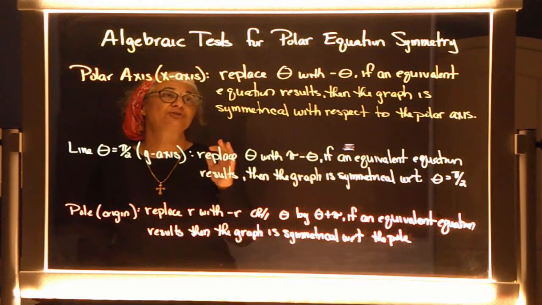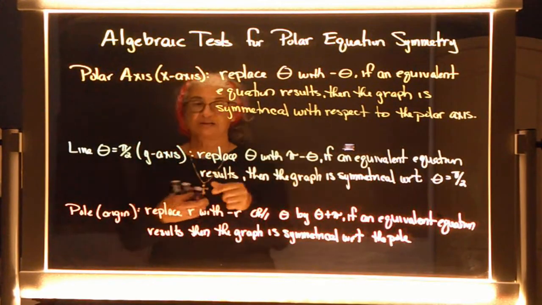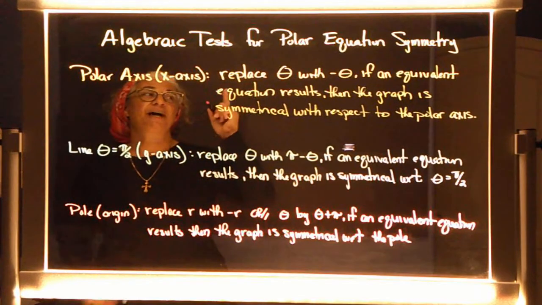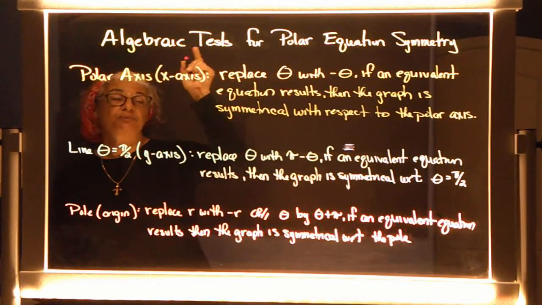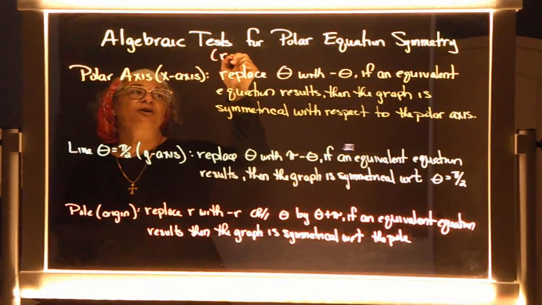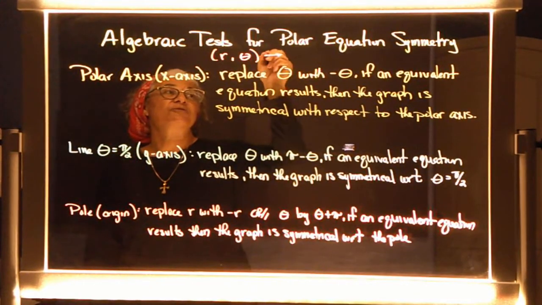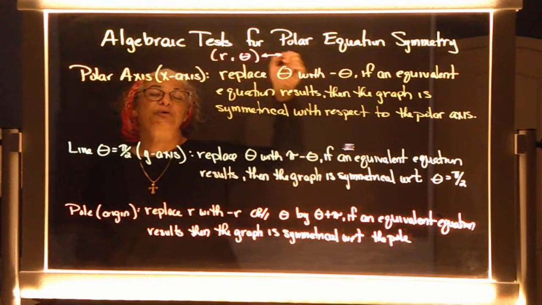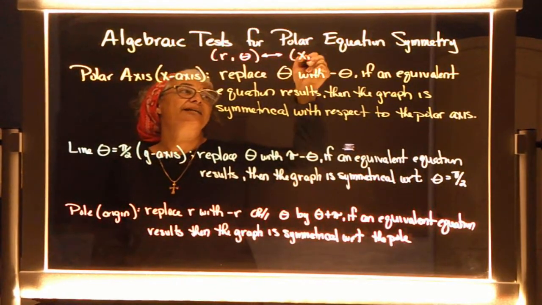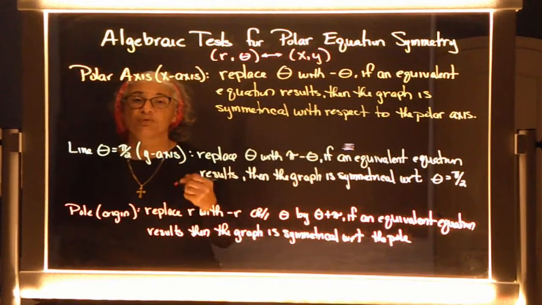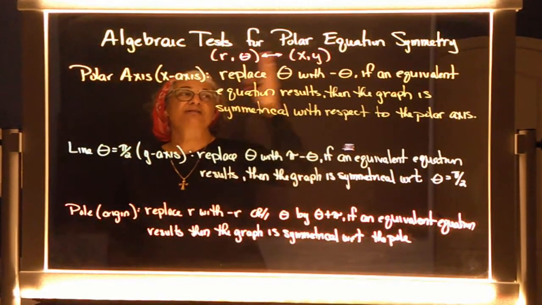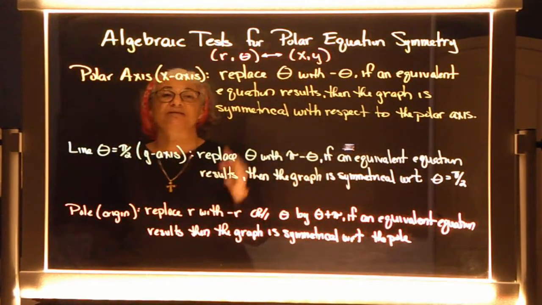First thing I need you to remember is this. In our polar, we have the point r comma theta, right? We have been able to convert these back and forth between polar and rectangular. And in rectangular form, it's x comma y. So if you notice, r is in the place of the x and theta is in place of the y.